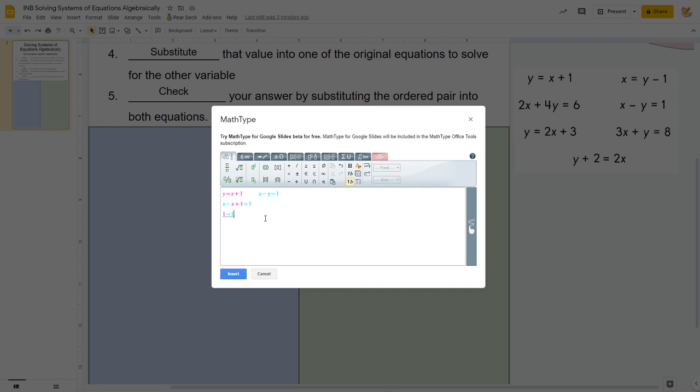These two are the same line. Actually, I made one mistake. When I did this, the negative sign not only went to the x, it should have gone to this 1 too. So here, let me show you that really quickly.